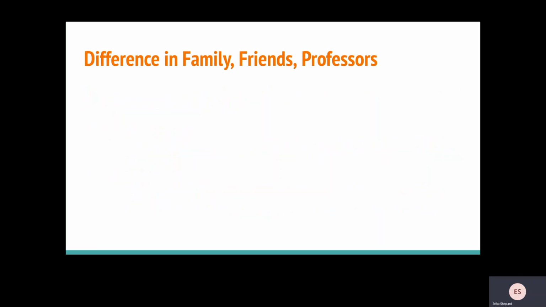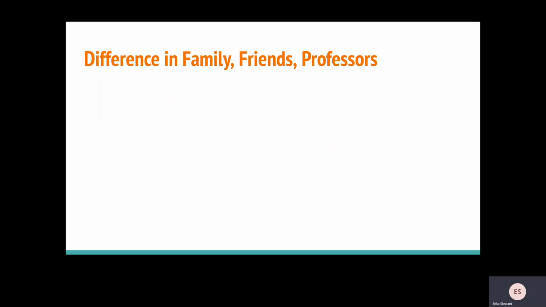So my last slide, the difference in family, friends, and professors. Basically, with tone, word choice, sentence structure, and grammar, there are three different groups I closely analyzed: family, friends, and professors. The way I speak to my friends is not anywhere close to how I speak to my professors or my family.